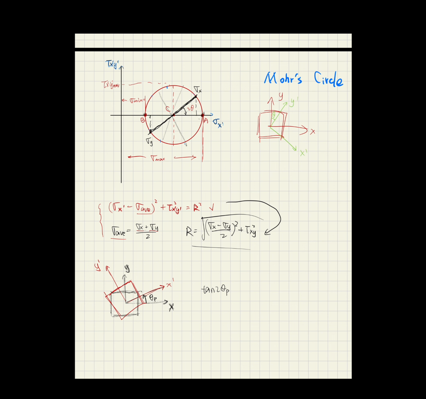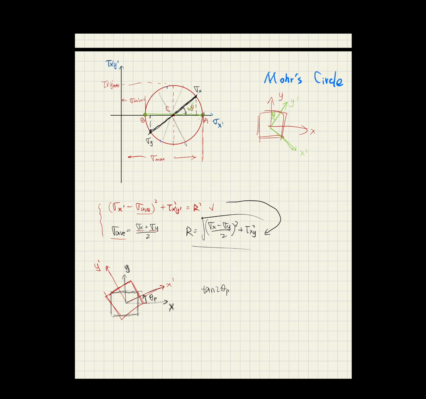This is theta. So the stress state in the green direction should be the maximum value and minimum value. As you can see on the graph, we rotated by 2 theta, but in reality we only rotated by theta.